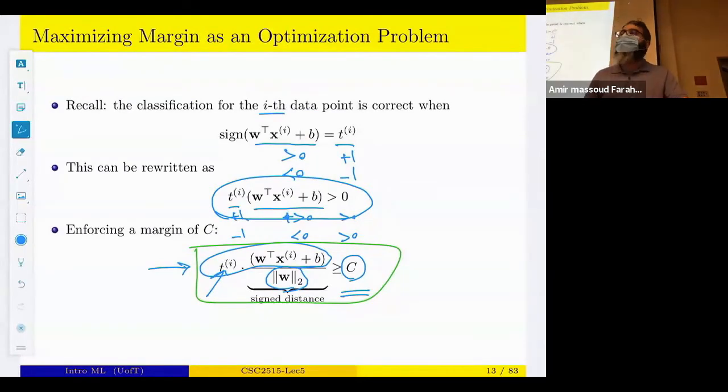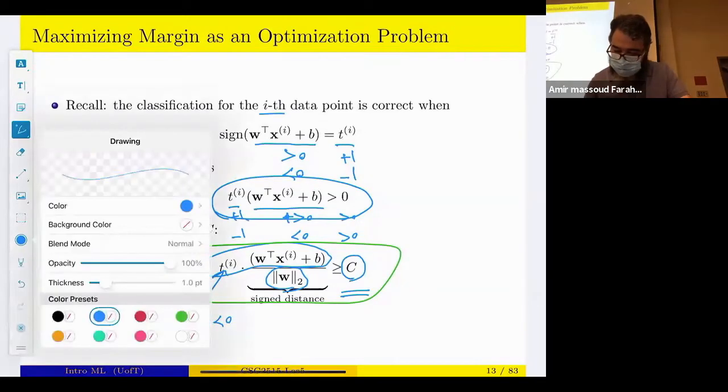So d_i is negative. Suppose this is supposed to be positive, but this W is chosen such that points on this side have negative value.